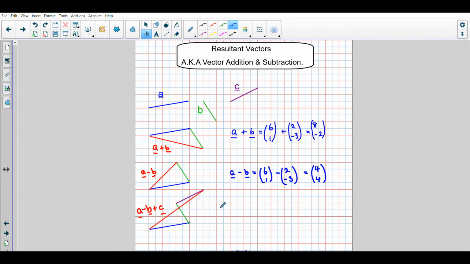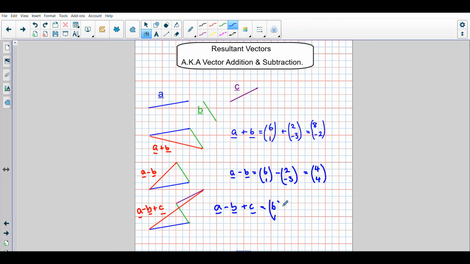Let's have a look at this in component form. So we have A minus B plus C, and let's pretend we haven't done this one above. So we're going to do the whole thing.